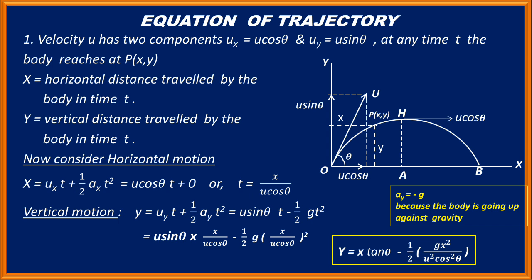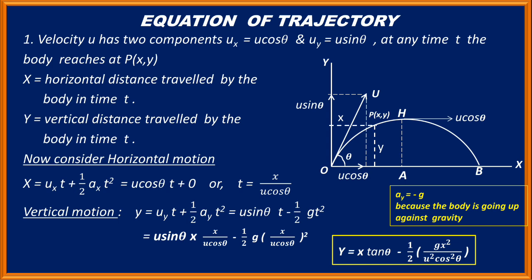Let us suppose that at any time t the body reaches at point P whose coordinate is (x, y). So x is the horizontal distance traveled by the body in time t and y is the vertical distance traveled by the body in time t. Now we consider horizontal motion. We can write x equal to uxt plus half axt square.